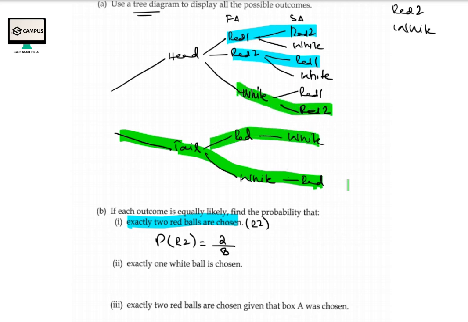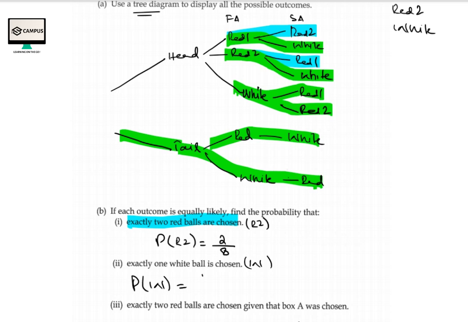Similarly, this is one, this is another one, and this is one branch, and this is another branch. All right, so these are the branches where exactly one white ball is chosen. Counting them, one, two, three, six total branches out of eight, or in more mathematical terms, six outcomes out of eight where exactly one white ball is chosen. Let's call this event W. So the probability of exactly one white ball is 6 over 8, right?